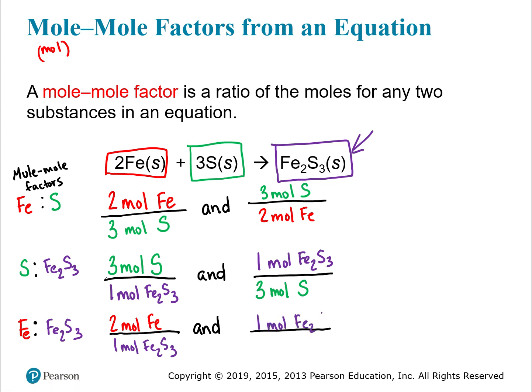And once you do that for 1, then you just write the reciprocal. We need to write these mole-mole factors because we're going to use them in calculations. It'll help us figure out if I have this many moles of iron, let's say, how many moles of iron 3 sulfide can I make?